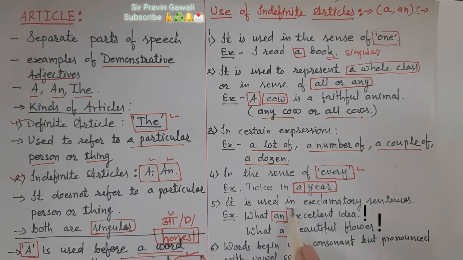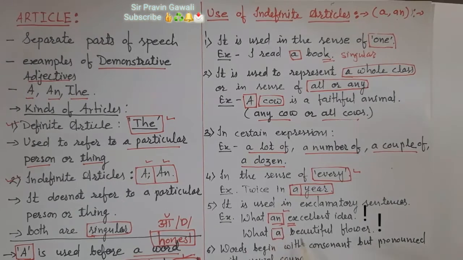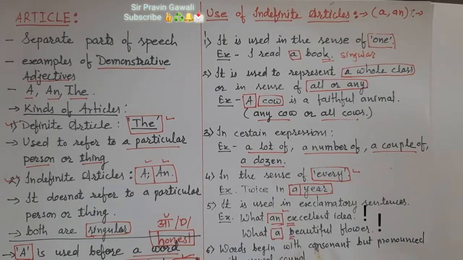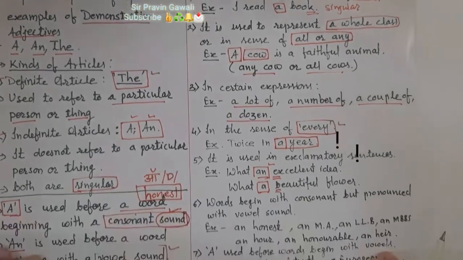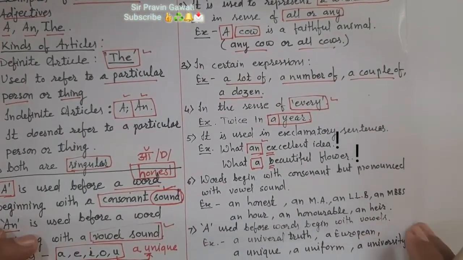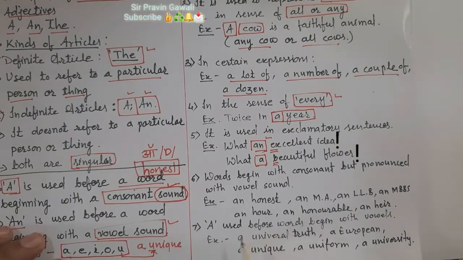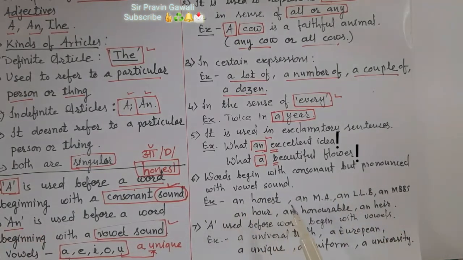So an is used. In the next example, the article a is used because the next word begins with the consonant b. Okay. Now let's have more information. See, student, words begin with a consonant but are pronounced with a vowel sound. Just now I have explained it here. Okay.